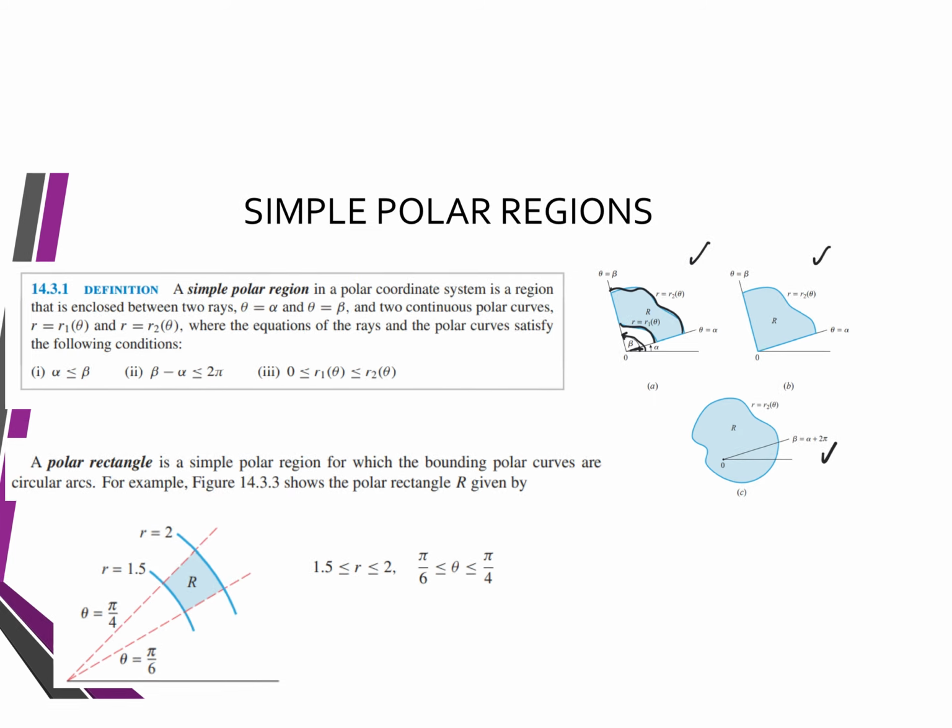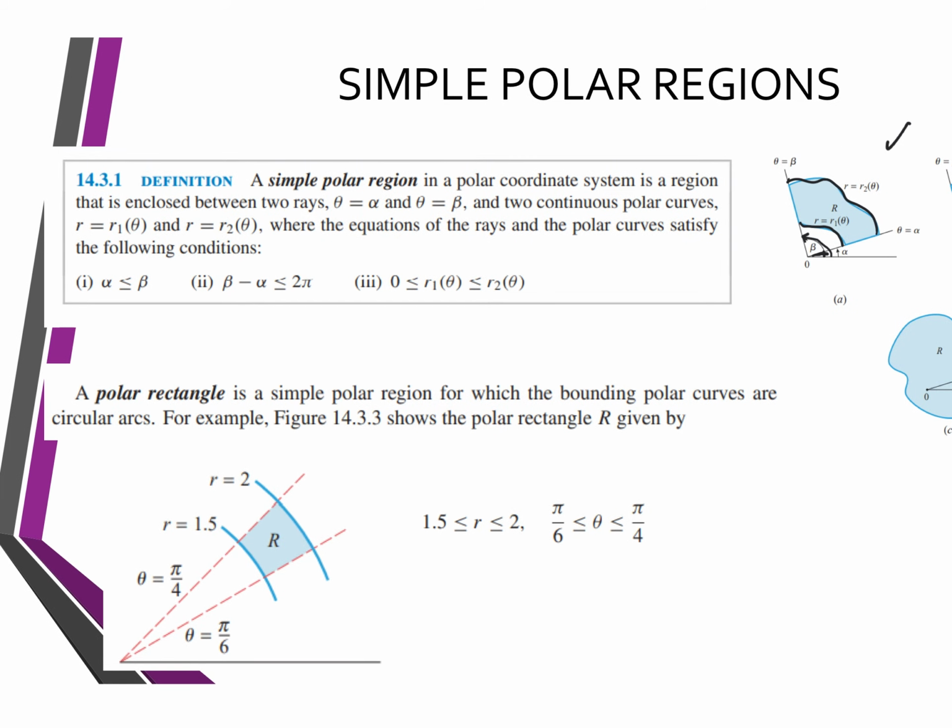Okay, now let's proceed to a polar rectangle. A polar rectangle is a simple polar region for which the bounding polar curves are circular arcs. For example, this one shows the polar rectangle R given by r is in between 1.5 and 2, and theta is in between pi over 6 and pi over 4.